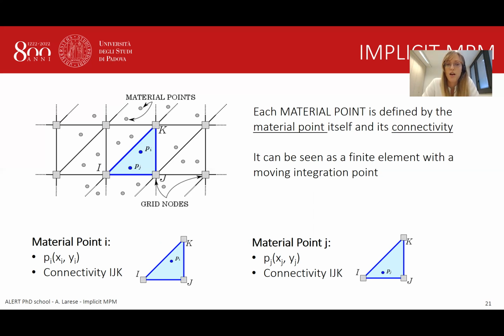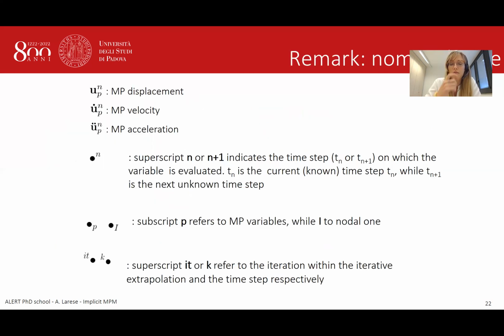So we have element I, which is material point Pi with its connectivity ijk, and element J, which is the material point Pj plus its connectivity, because it's important that at each time step we know in which elements the material points fall. Otherwise, we are not able to map information between the mesh and the material point itself.